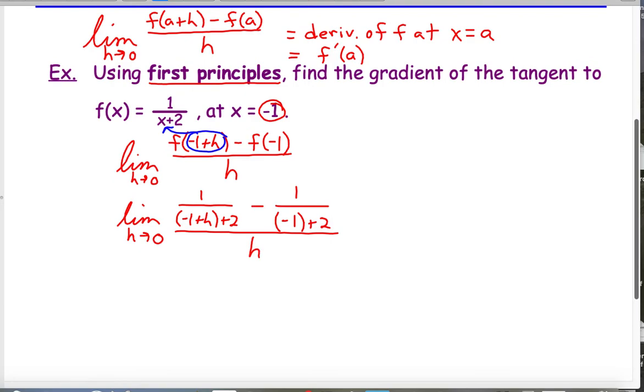So what we're calculating here is f prime of -1, the derivative of f at x equals -1.